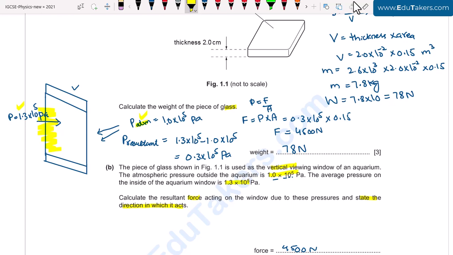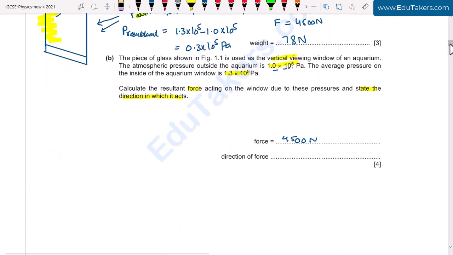So the direction of pressure will be outward. I write here the direction is outward. As the direction of pressure is outward, the force will also be outward in direction.